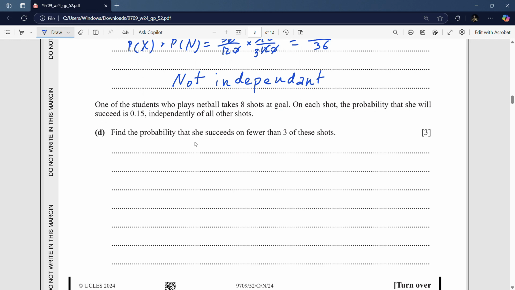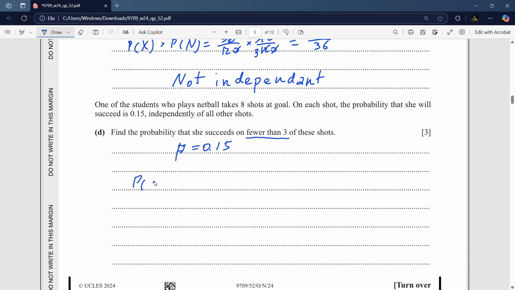So one of the students who plays netball takes 8 shots at goal. On each shot, the probability that she will succeed is 0.15. Find the probability that she succeeds on fewer than 3 of these shots. You have 3 cases.